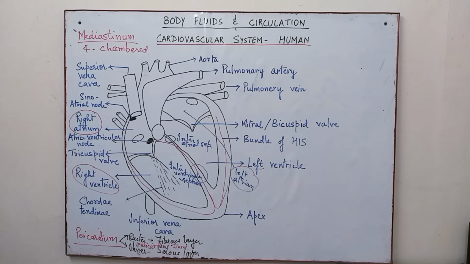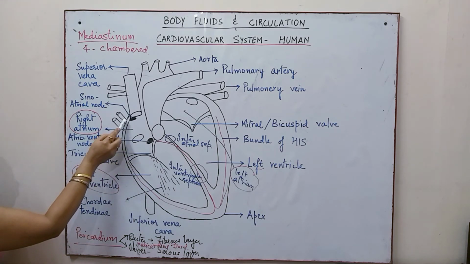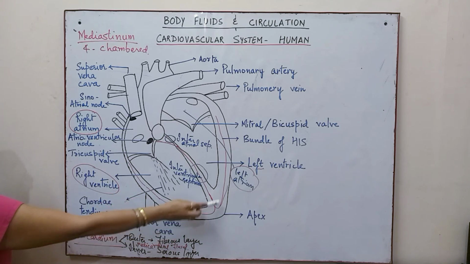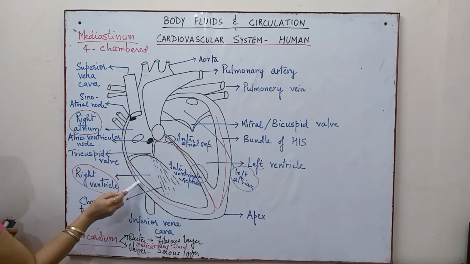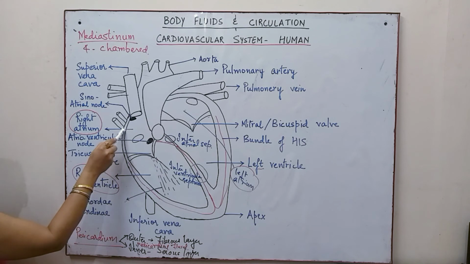Now coming to the physical structure of the heart, we find that the wall is made up of the myocardium and epicardium and all. So we find the walls of the ventricles are much thicker than those of the auricles.